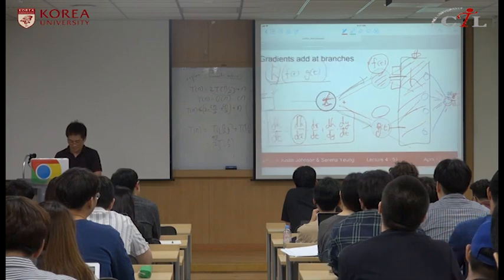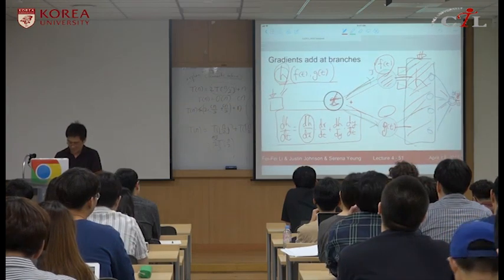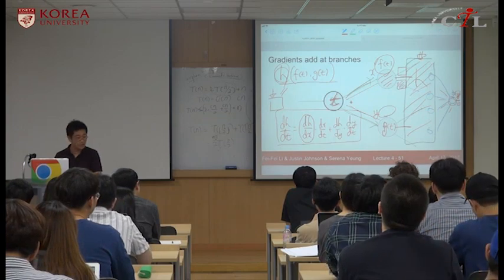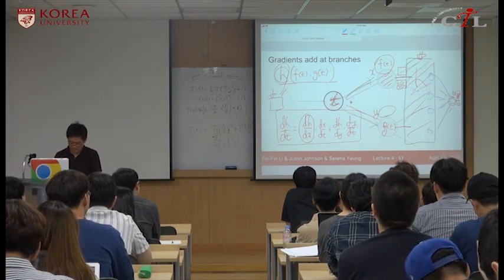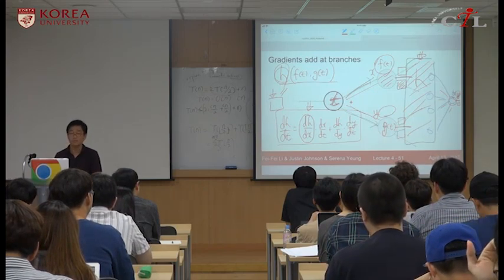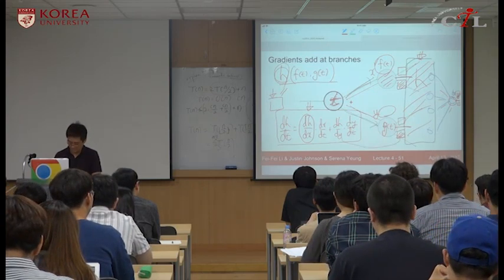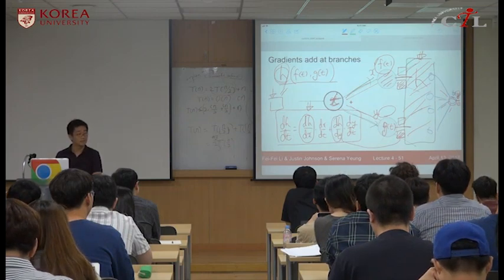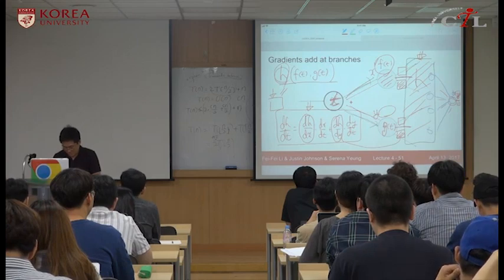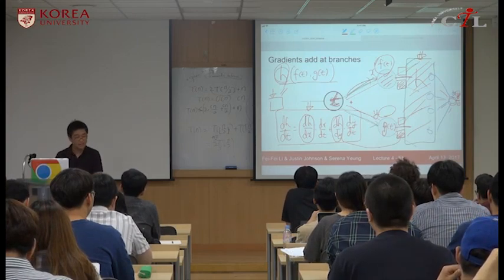This is our node x and y, and the backpropagation value corresponding to this part will be this guy. And then here we have t.